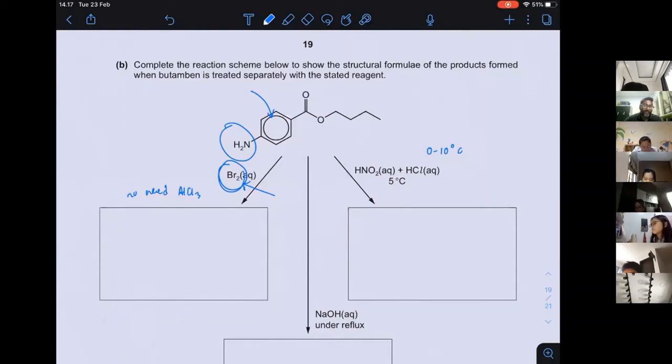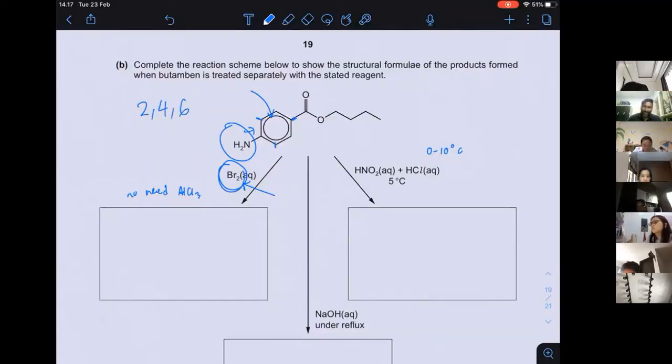It means they will be attached to the benzene ring without the need of halogen carriers. But you need to take note that NH2 is an electron donating group, similar to CH3 and so on. Since it is an electron donating group, it will activate positions 2, 4, 6. Position 4 is taken, so 2 and 6.